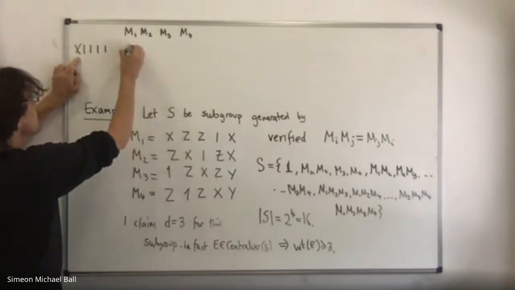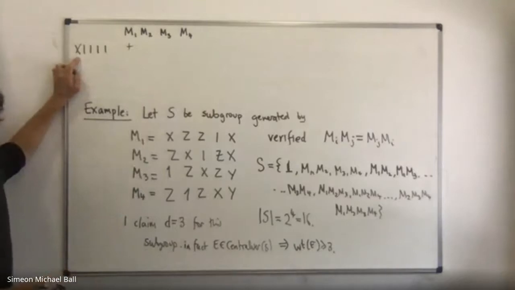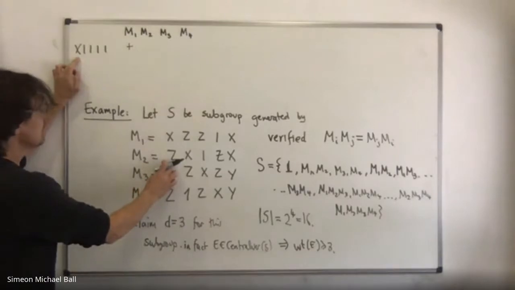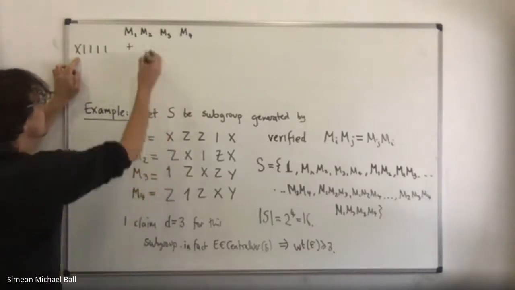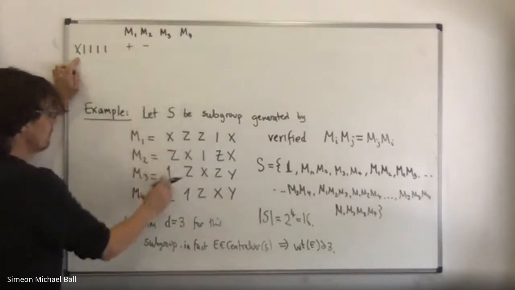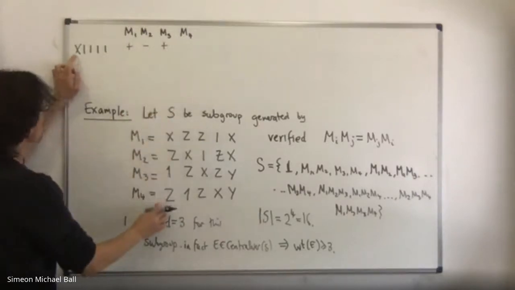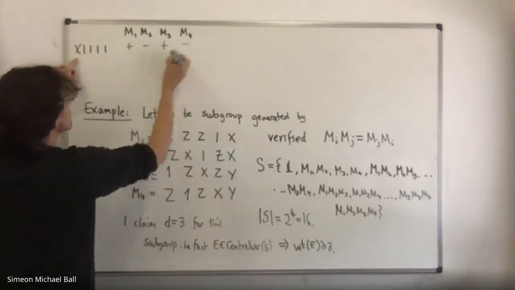So this is going to give me a plus if I try and commute with M1. However, with M2, it's going to give me a minus. With M3, it's going to give me a plus, and M4, it's going to be a minus.